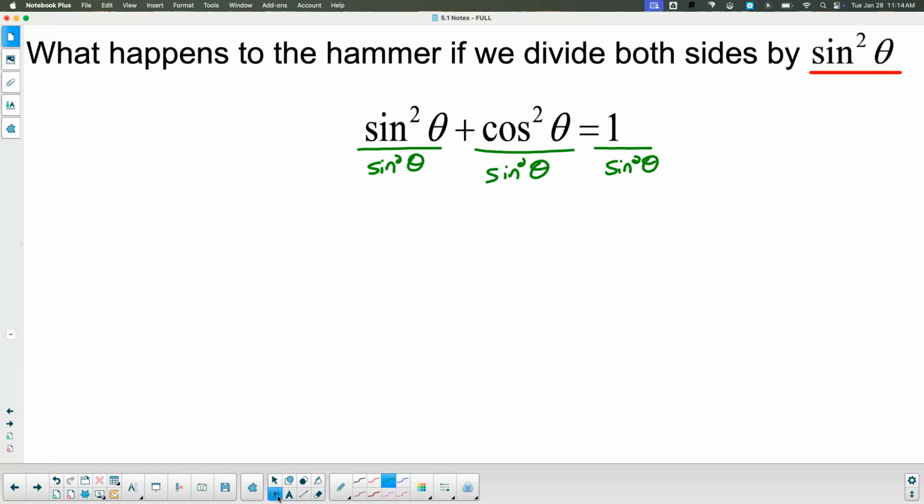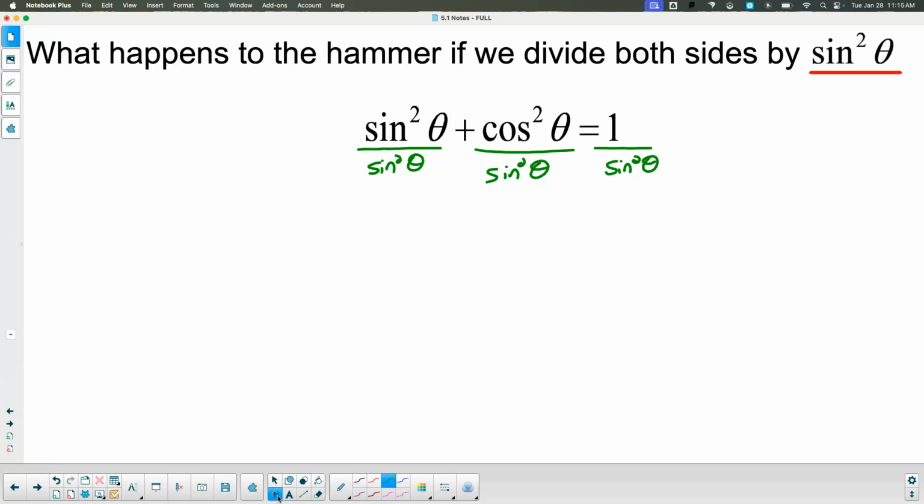Agree? Mathematically legal? Yay or nay? Meaning, am I using good math? Yeah. Because we're dividing it everywhere, it's good math.